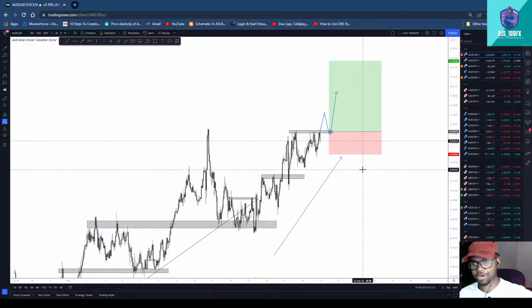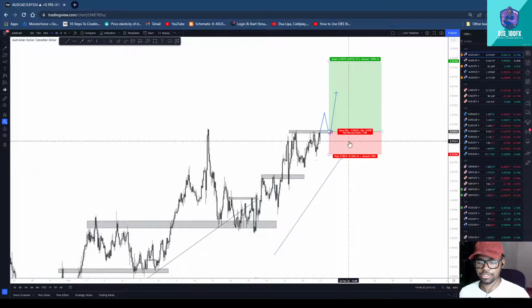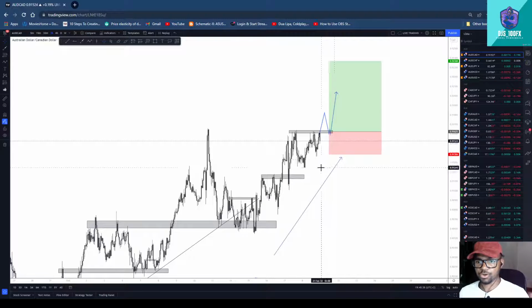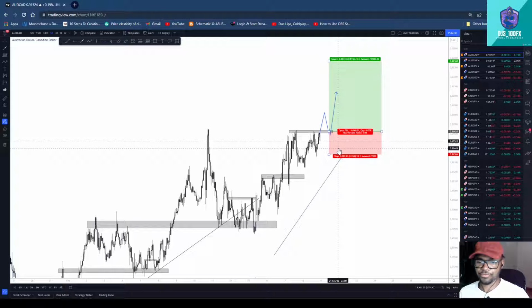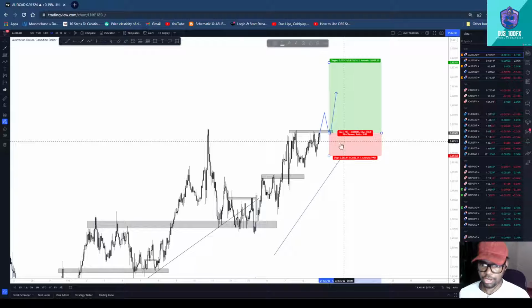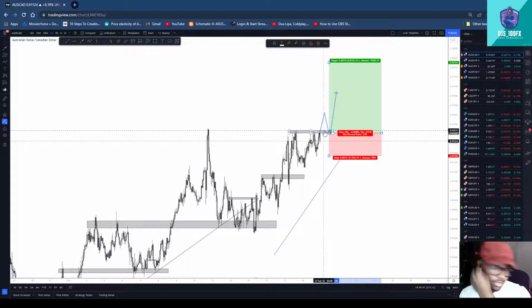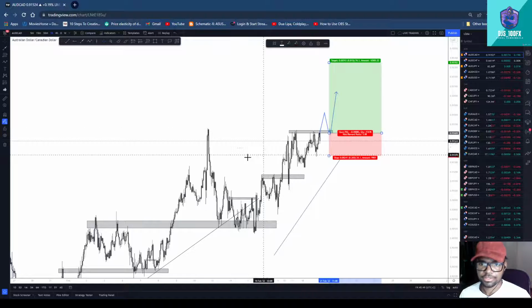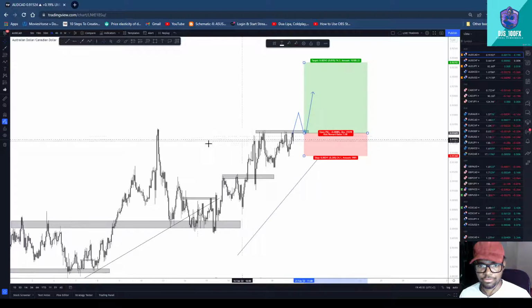I don't know yet exactly how it would be because there is no flag formation. The market is closed, and there is nothing I can really describe on this trade, but it would be more or less like this: a break above and then a retest of the break of the level above.